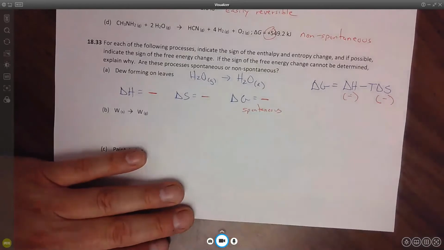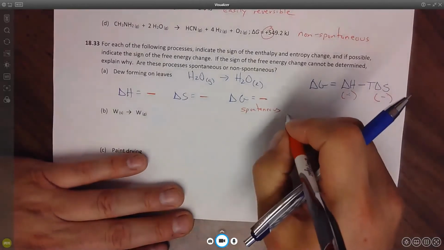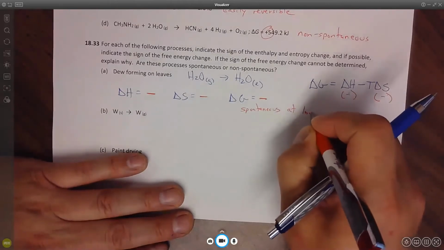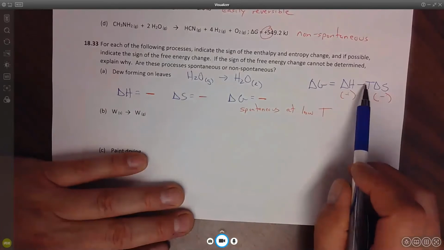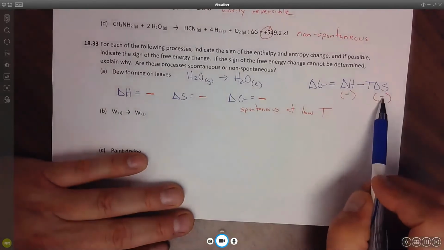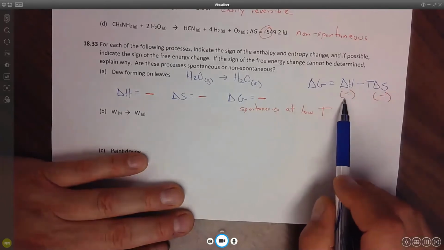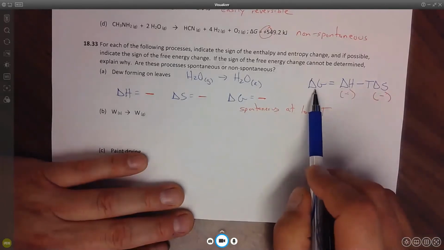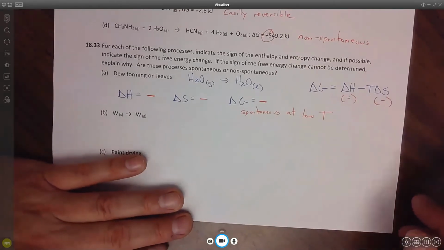Is it always spontaneous? At a low temperature. Yes, right, so it's going to be spontaneous at low T, because this is a positive term because of the negative and negative. So the higher the temperature, the bigger the positive term, until finally it's bigger than the negative term and del G is positive and therefore non-spontaneous. Does that make sense to everybody?